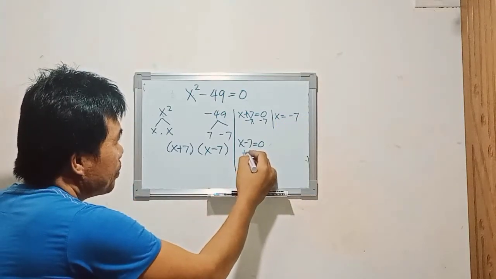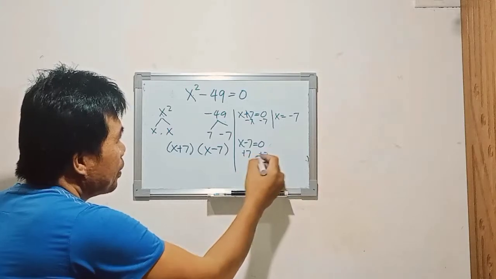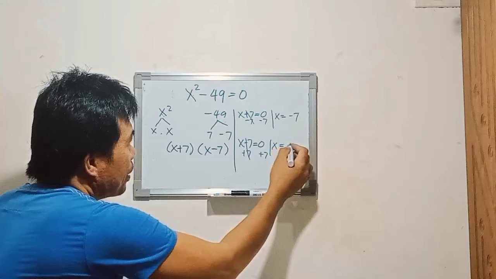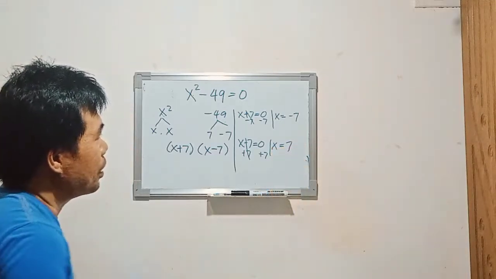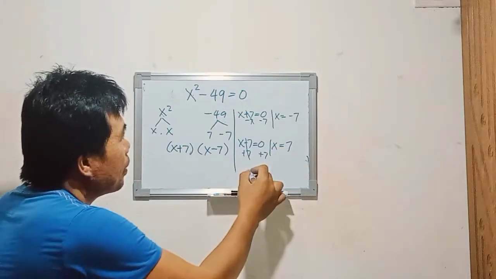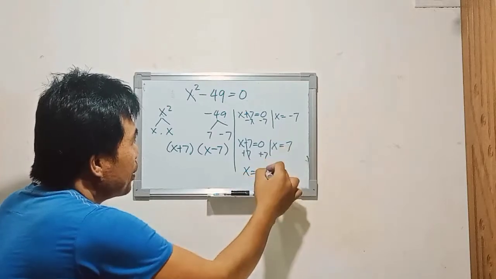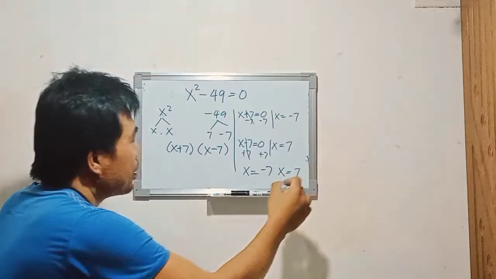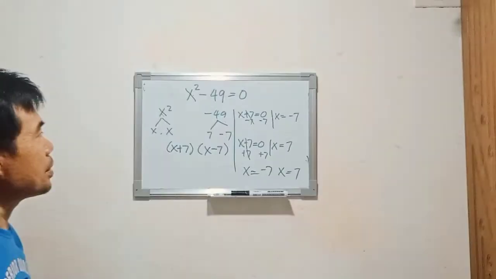For this one, positive 7 on both sides, cancelled out. So x is equal to positive 7. So therefore, our answer is x equals negative 7 and x equals positive 7.